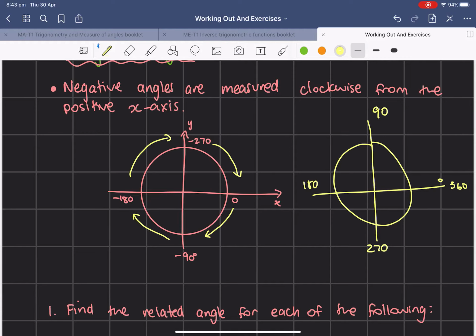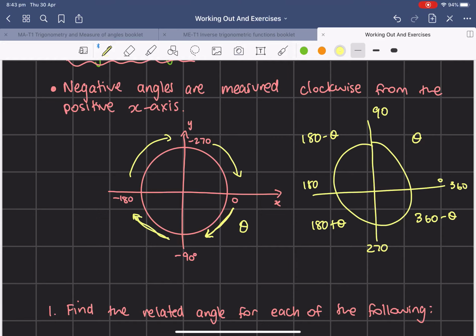With our positive ones, this is just theta. This is 180 minus theta. This is 180 plus theta. And this is 360 minus theta. It's actually the same, but they're in different quadrants because we're going the opposite way. So in the fourth quadrant this time, measuring this way, the angle is just theta.